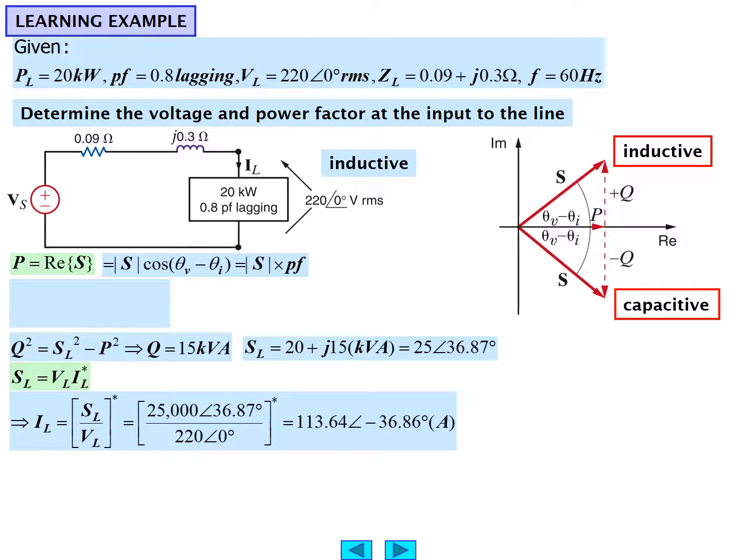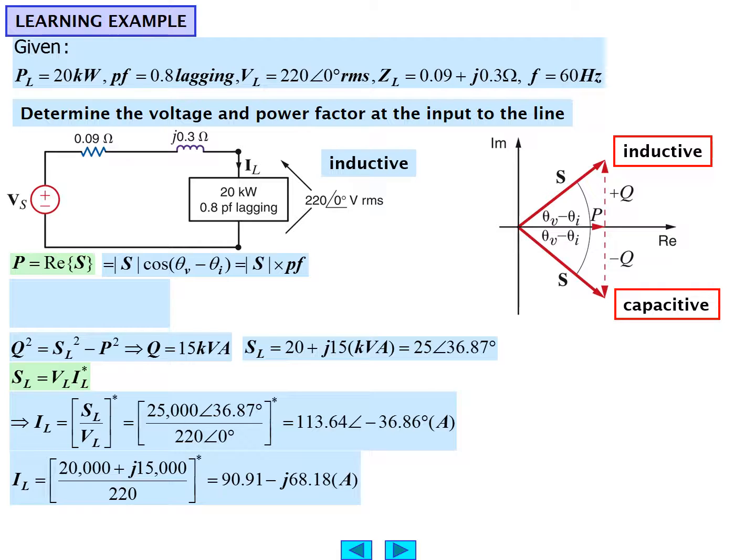Basically, it's the magnitude 25,000 divided by 220, which gives us 113.64. And then when we take the angles in normal calculation, it would be 36.87 minus 0, which gives us plus 36.87 or so. And therefore, when we take the complex conjugate, we end up with the negative value, approximately minus 36.87. So that's how the complex conjugate is taken in the arithmetic calculation for I sub L.